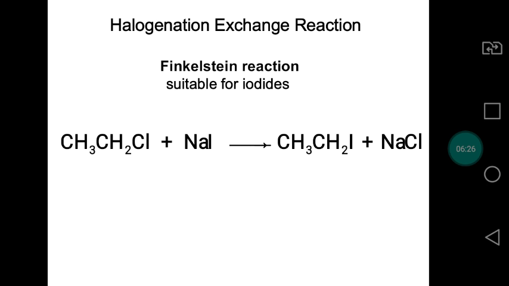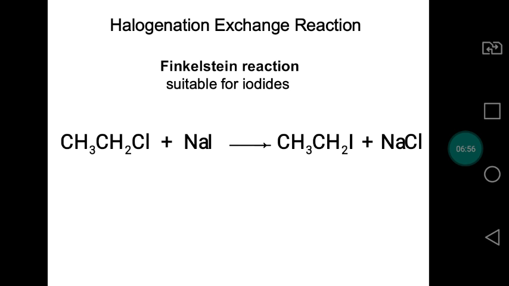Now there are a few reactions which are known as halogen exchange reactions, in which we have to learn 2 reactions, Finkelstein and Swarts reaction. So let us talk about Finkelstein first. When we add NaI to chloroethane, we will get iodoethane. Here we have to remember that we can only get a halide of bigger molecular mass from a haloalkane of smaller mass.